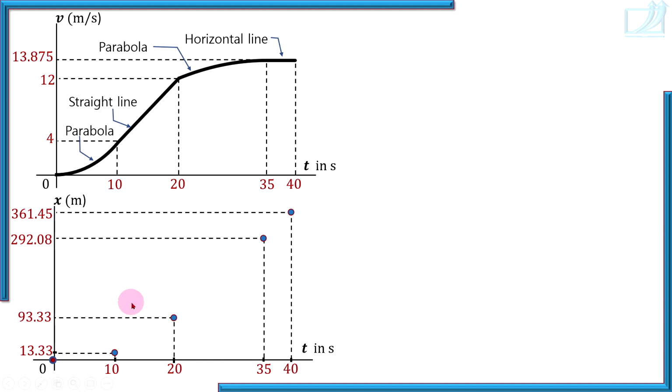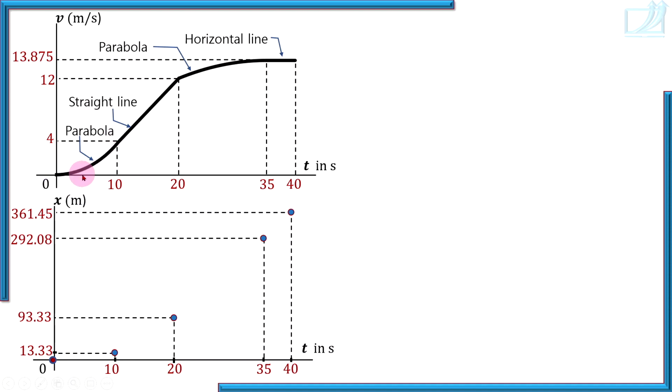Now watch here, what logic you are going to use? Velocity is the slope of the xt diagram. We have already drawn the vt diagram, refer to that. So don't get involved in the shape of the vt diagram. Listen to me very carefully. Just tell me from 0 to 10 whether velocity is increasing.